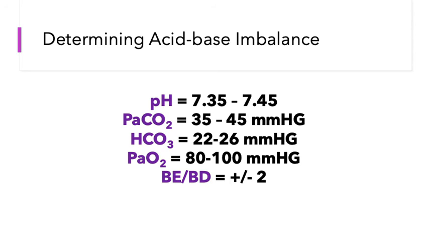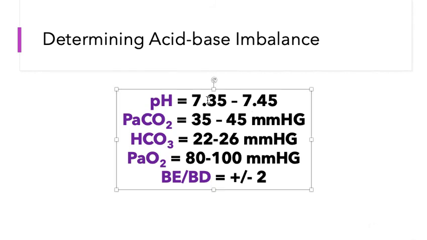Now, the PaCO2, which is the partial arterial carbon dioxide tension, is measured in millimeters of mercury. The easiest way to remember: if you remember the normal pH, just get rid of the number 7 in front of it. That would be the normal value for your PaCO2.